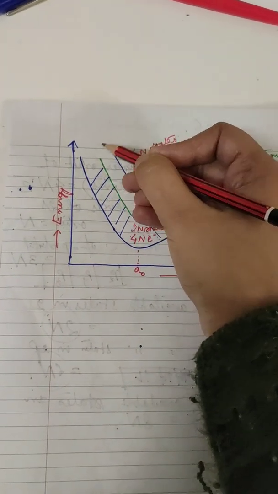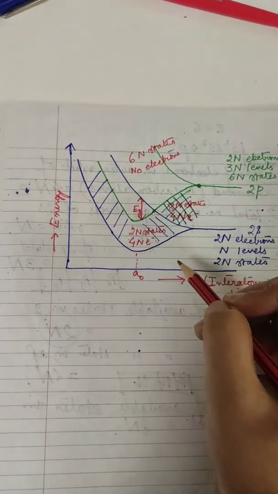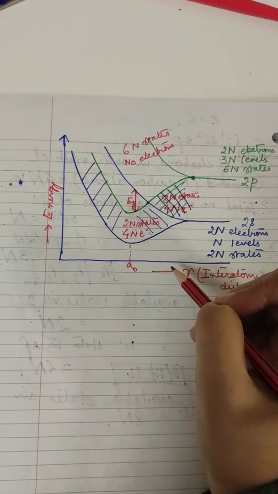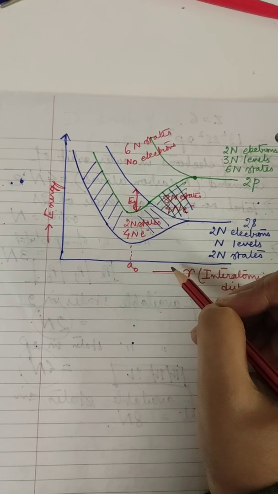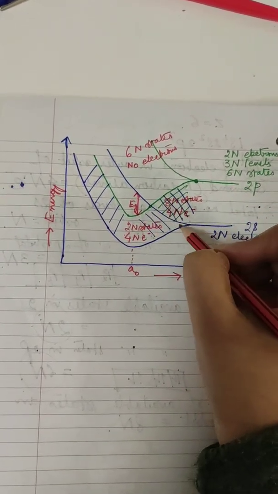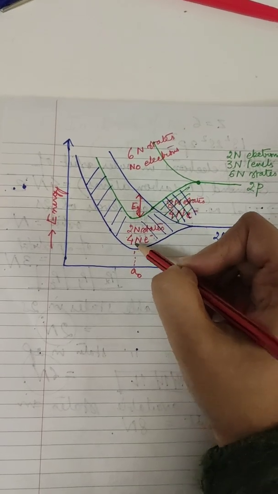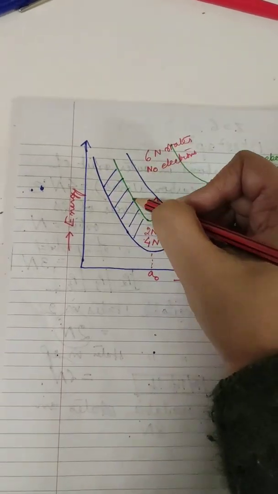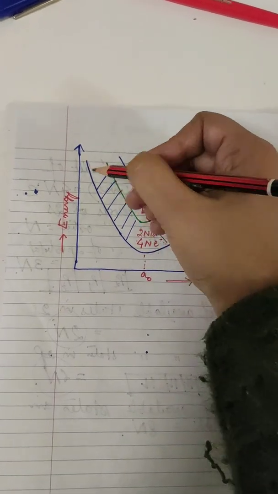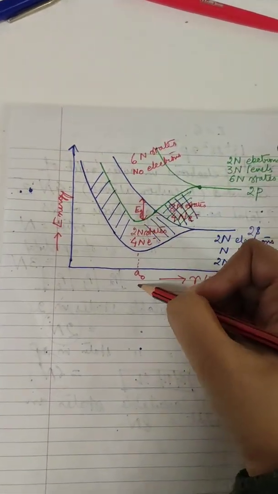Why does it increase? Because of electron-electron repulsion. The repulsive force between the electrons becomes higher than the attractive force between the electron and the nucleus. Here the attractive force between the electron and the nucleus is dominant, but here the repulsive force is dominant, because of which the energy increases after the lattice constant.